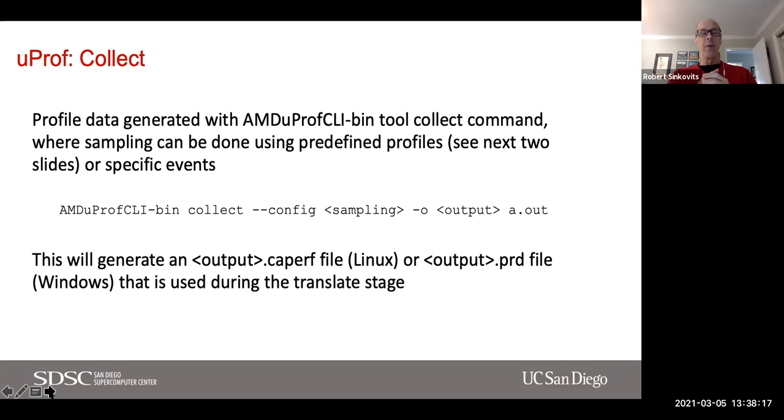So usage shown in the middle here is AMDuProfCLI collect --config, followed by the sampling profile, -o output, so that you can specify the root name for the CSV and the root file for the profiling data, and then your executable. So this is going to generate an output.caperf file if you're running on Linux, or an output.prd file if you're working on Windows.